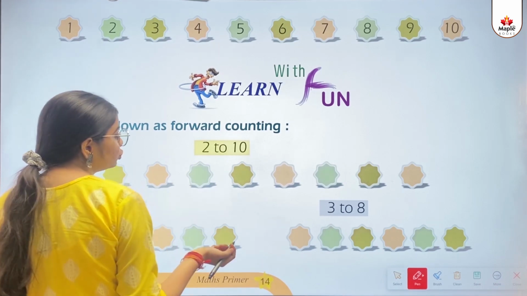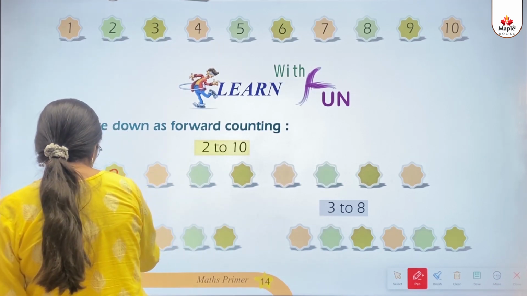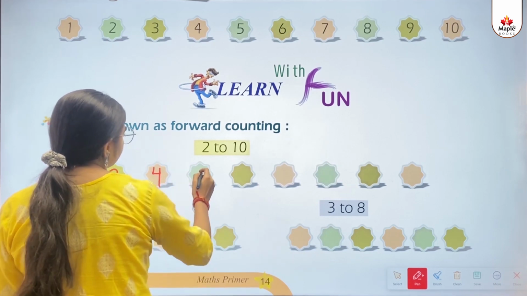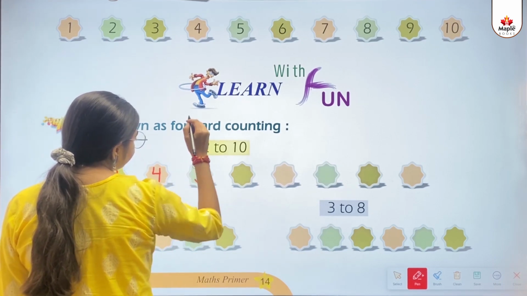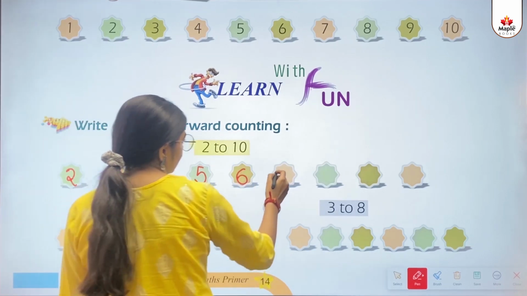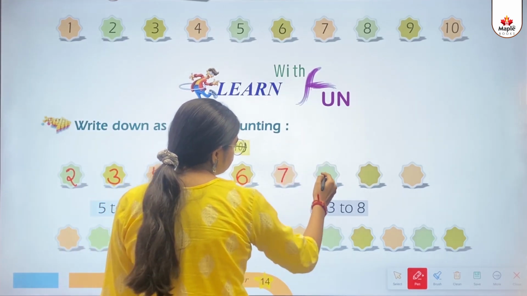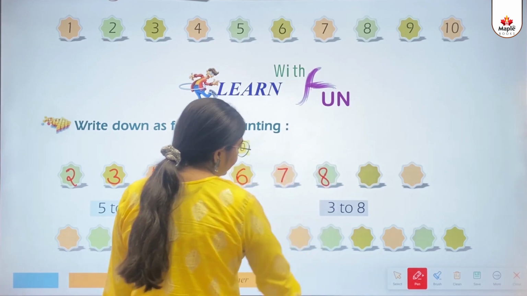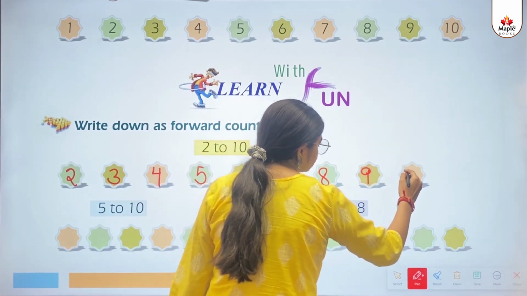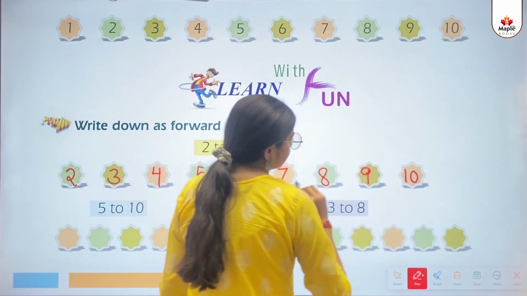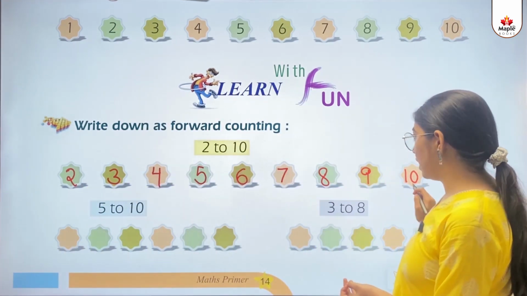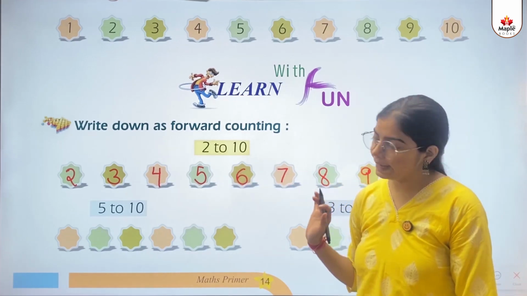What comes after 2? 3, 4, 5, 6, 7, 8, 9, 10. So, this is the forward counting from 2 to 10.